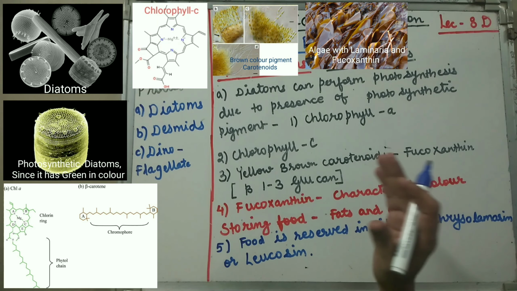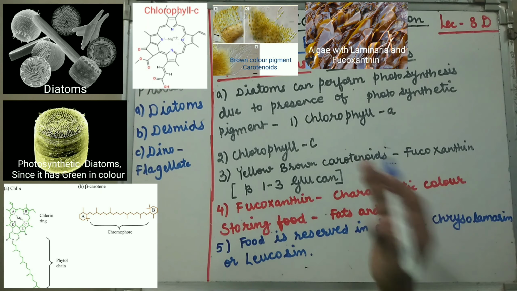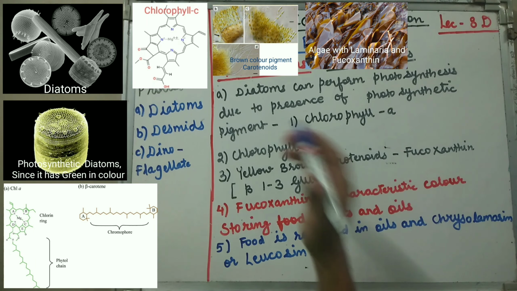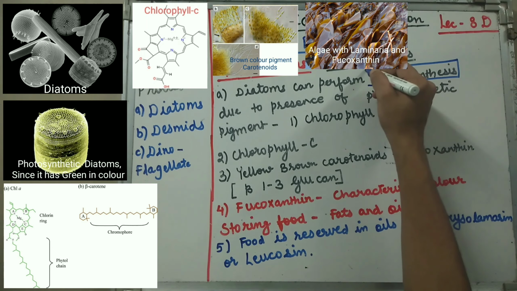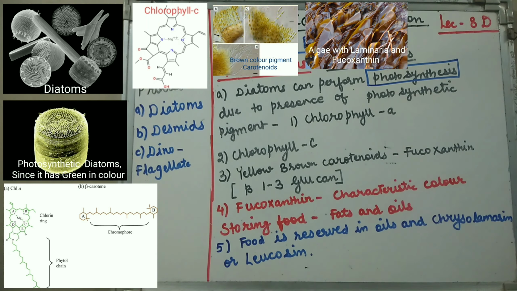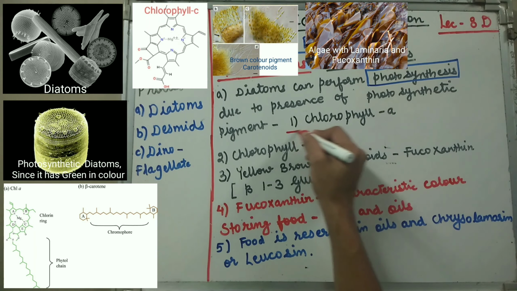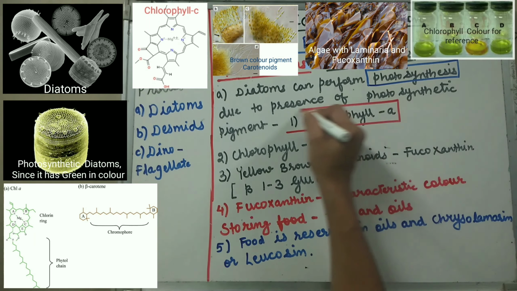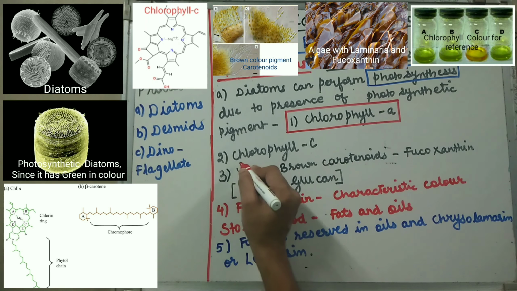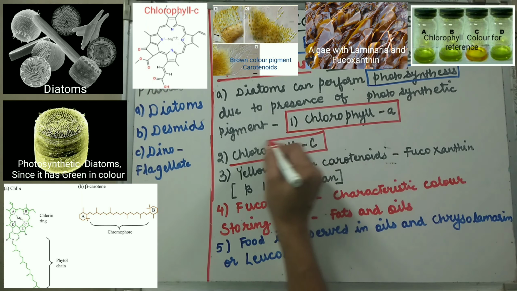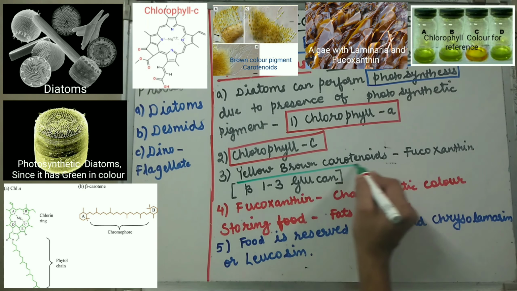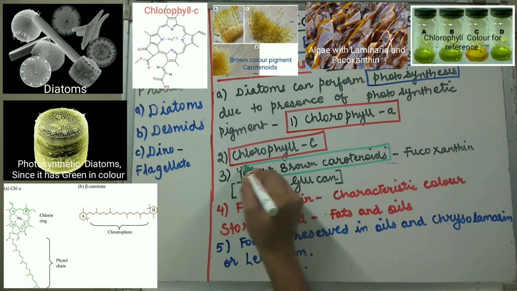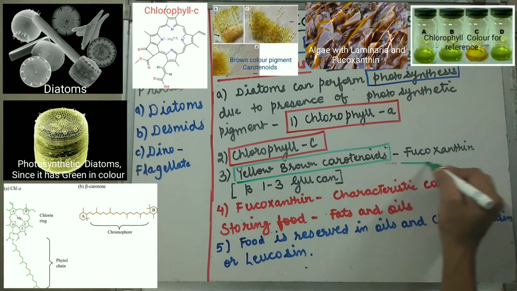Let us now revise the photosynthetic properties that we can make out in diatoms. Diatoms perform photosynthesis. They show photosynthetic pigments that are chlorophyll A, chlorophyll C, and a yellow brown colored carotenoid, and they have given a specific name, fucoxanthin.